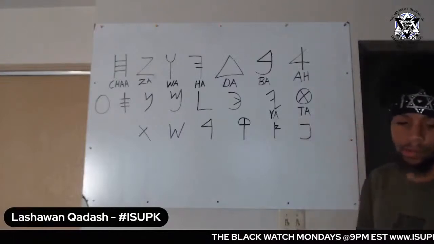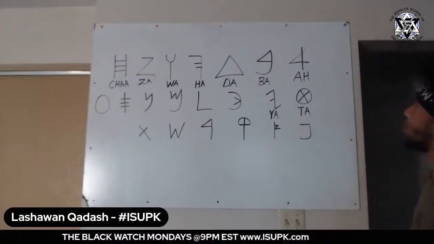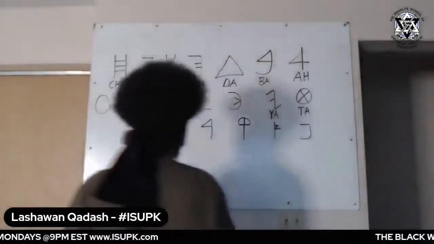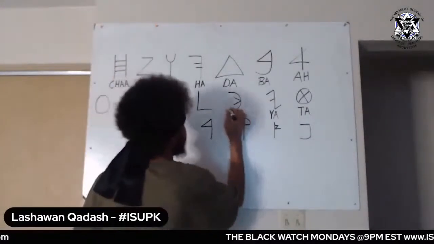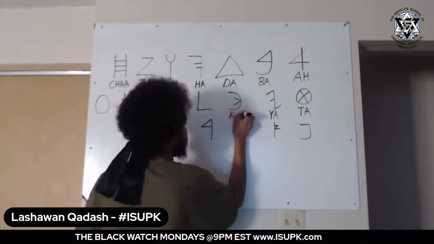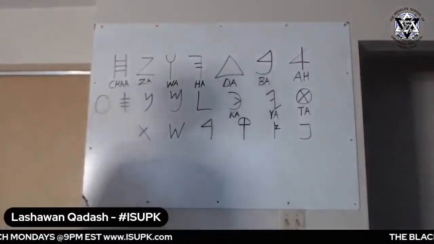You may see a lot of sisters with that name, Yapa, on social media. It simply means beautiful in Hebrew. So with our next one, we have the ka, K-A. All right, ka.